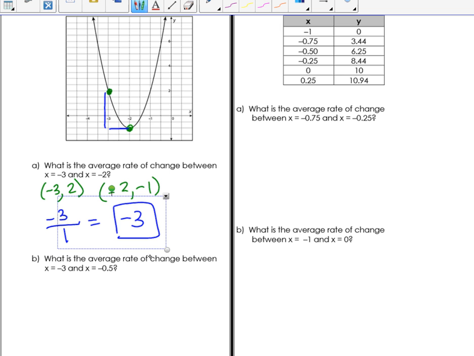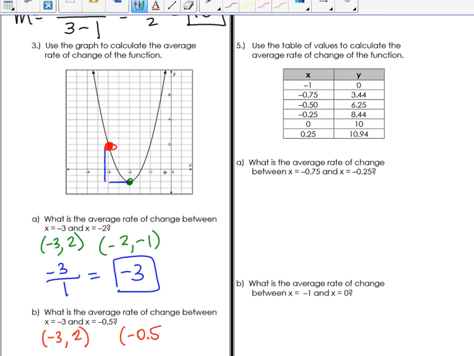Here, now we're looking at the average rate of change between x equals -3, which we know is the point (-3, 2). Okay, so this same point. But then we want it at -0.5, so if you look at -0.5, we are up at 5.5. Okay.